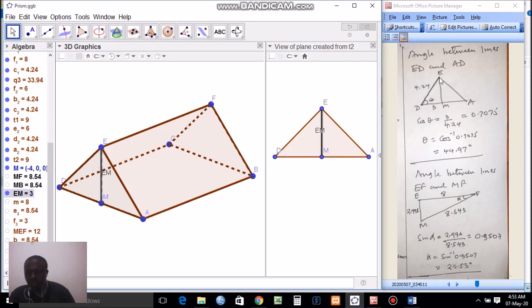The angle between ED and AD is the angle marked theta. Now we look at triangle DME, which is right angled at M, and we apply the cosine ratio, and we have cosine theta is 3 over 4.24, and that gives us 0.7075, and so our theta will be the cosine inverse of 0.7075, and once again we have 44.97 as the angle between ED and AD.